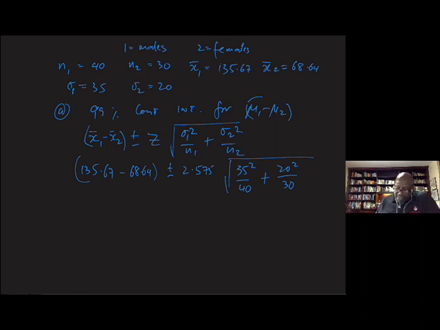And then what we will get is that our sample difference is 67.03 plus or minus, and if I'm not mistaken, 2.575 times 6.63. That's what our standard error is, 6.63. When we compute that, that gives us 67.03 plus or minus 17.07.